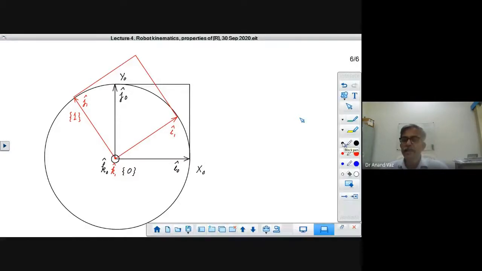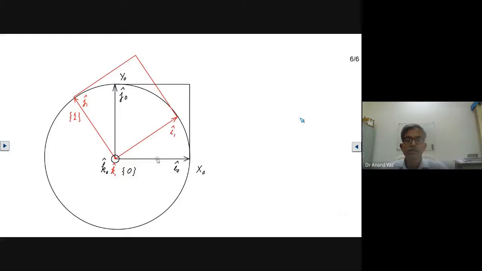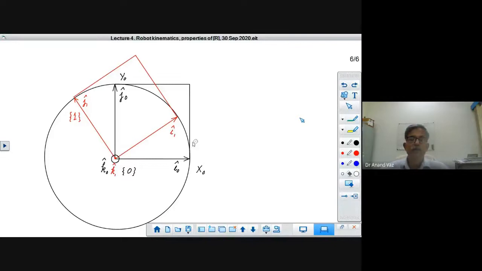Let's say that the angle turned between these two axes is this angle. We can show it here itself.